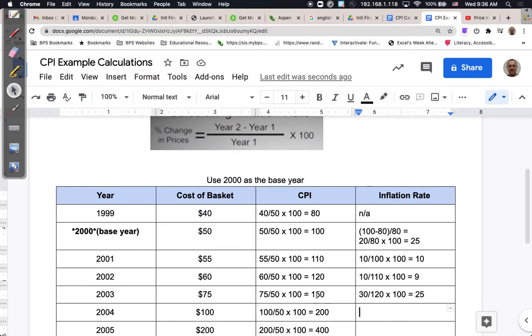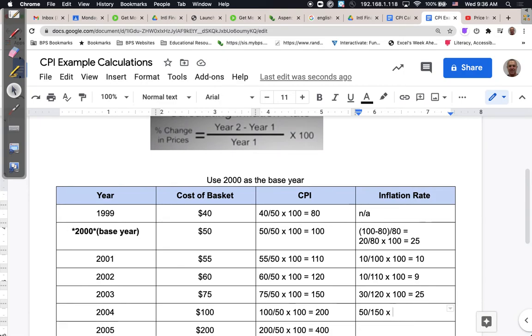All right, from 2003 to 2004, the CPI jumped up 50 points. We're going to compare that to what? We're going to compare it to the CPI we started off with, because we're comparing years from 2003 to 2004. So we started in 2003. We compare it to the 150. That's 50 divided by 150, which is 0.3333 repeating.